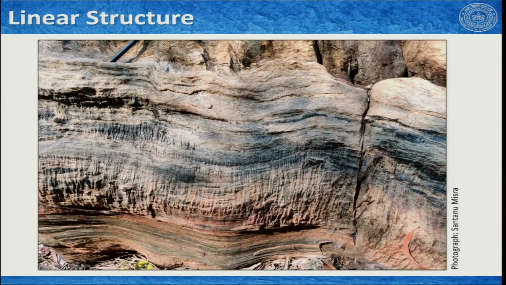So, interpretation is always important because that is the primary aim, the way we go to the field, and to make better interpretations of our observations, it is important that we measure the data in the field, or we identify the different structural elements and do the measurements. Here is another example. This is a vertical face.